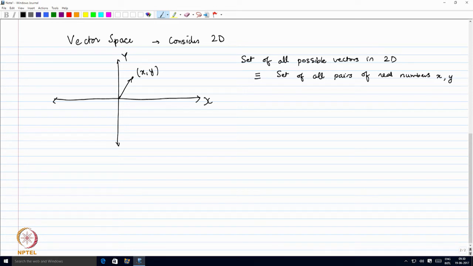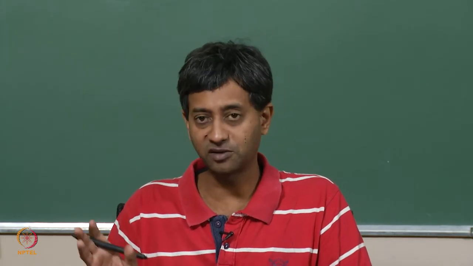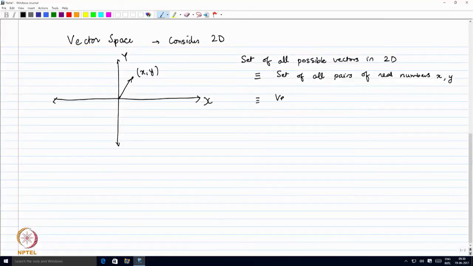You take any two real numbers x y, that can represent a vector, and the set of all pairs of real numbers represents the set of all possible vectors, and this is a vector space. The word space is used to denote this entire set. So, the set of all possible vectors is called a vector space, and this is the usual 2D space.